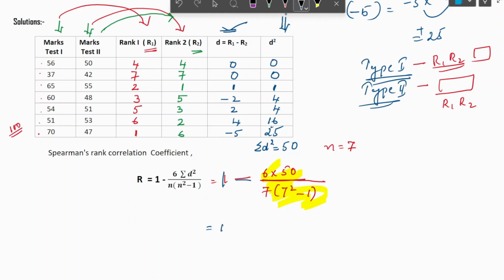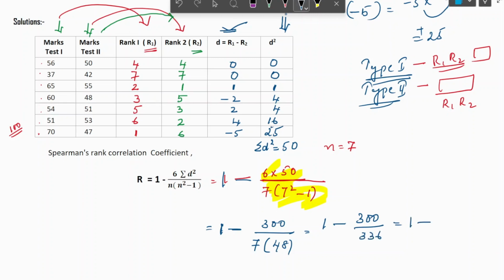The 1 minus stays here, and we are going to calculate later. 6 into 50, we multiply, that is 300, divided by 7 into, in bracket, 7 square, 49 minus 1, that is 48. Now the denominator multiplication is completed: 7 into 48 is 336.